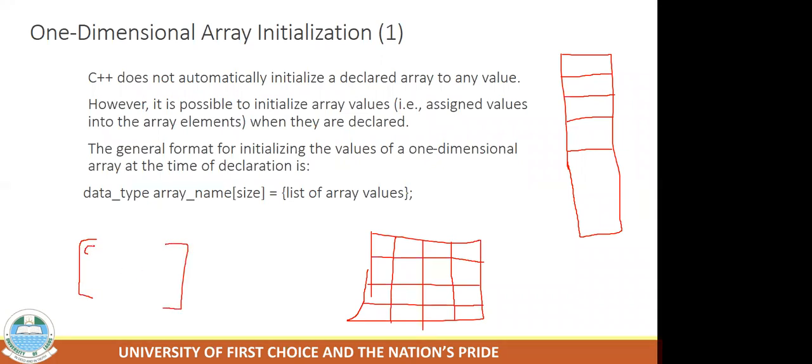You have, let me say, A00, A01, A10, A11. You understand? So you can see rows and columns. So it's two-dimensional.